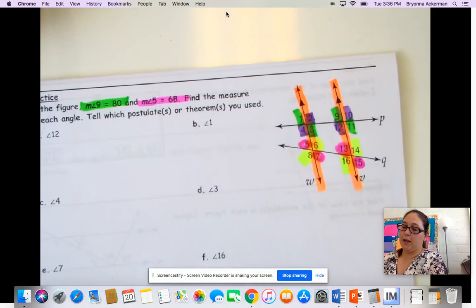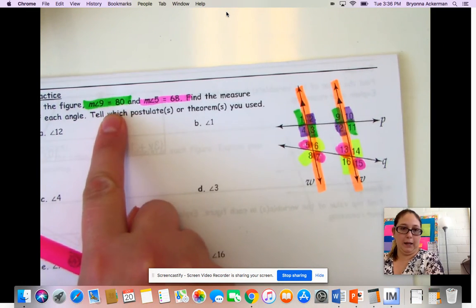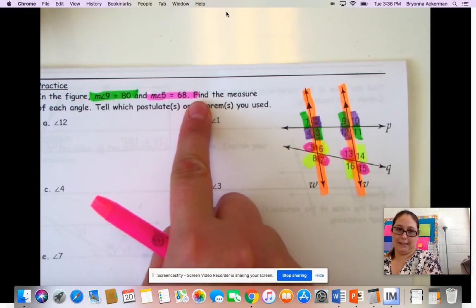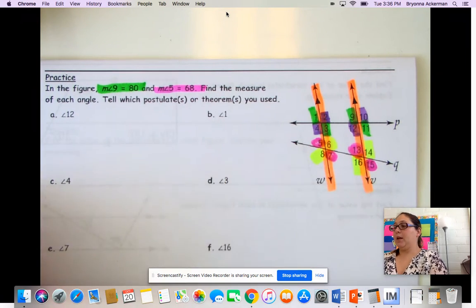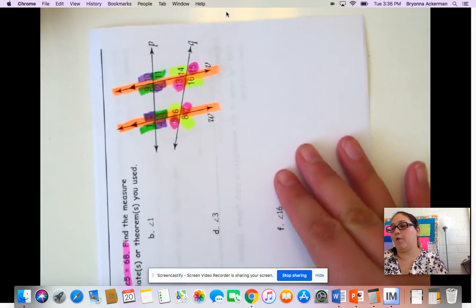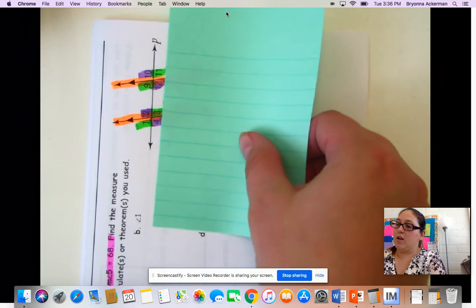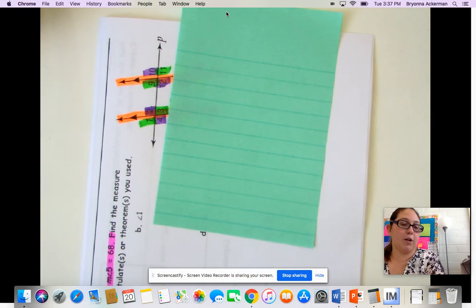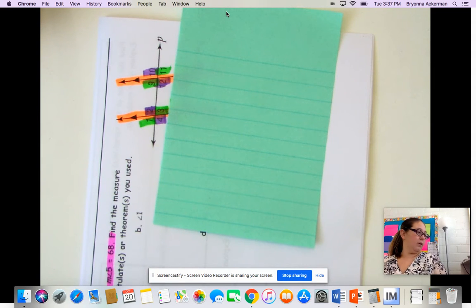So I know everything that's green will be 80. Everything that's pink will be 68. Okay? Now again, you can't cross over. So that means if I flip it back over, purple and green are the ones with the relationships. So purple and green, for example, 10 and 11, are linear pairs. Okay?